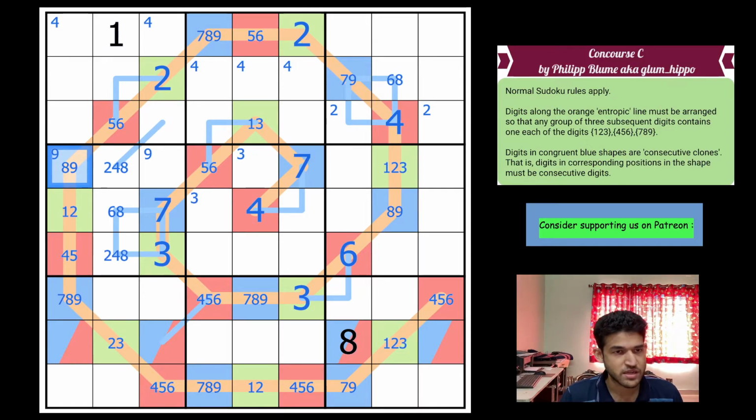Let's look at this cell. Row 3, column 3. Cannot be 1, 2, 4, 3 and 7. So 5, 6, 8, 9 are the possibilities. But if you look at this cell, it's clear that this cannot be 8 or a 9, because putting an 8 and 9 here forces something which is not consecutive in here. This is also 5 and 6. We get a 5, 6 pair here.